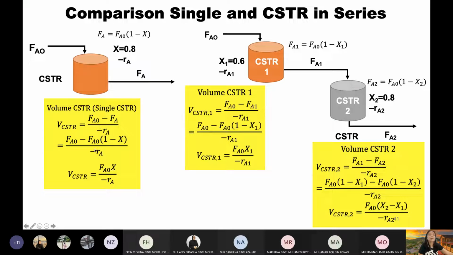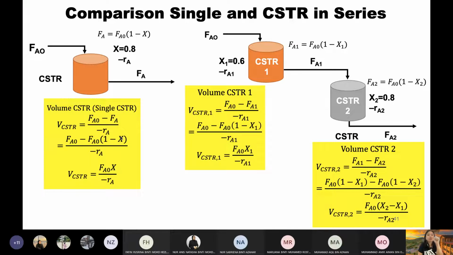So kita kena perkenalkan conversion in the formula. How do we introduce that? You know that from the formula X equals FA0 minus FA over FA0, in minus out per in. When you rearrange the formula, FA ni sama dengan FA0 in bracket 1 minus X. Okay, so if you forget, we have learned before this.